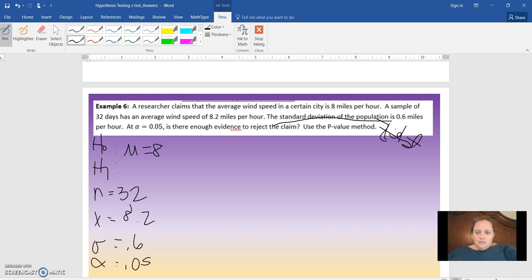Let's do less than. So mu is less than 8, that's what we're testing. So mu is 8, population standard deviation is 0.6, x bar is 8.2, and there are 32, and we're less than.